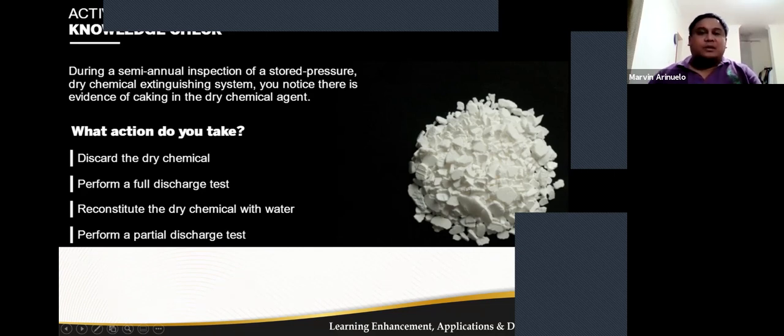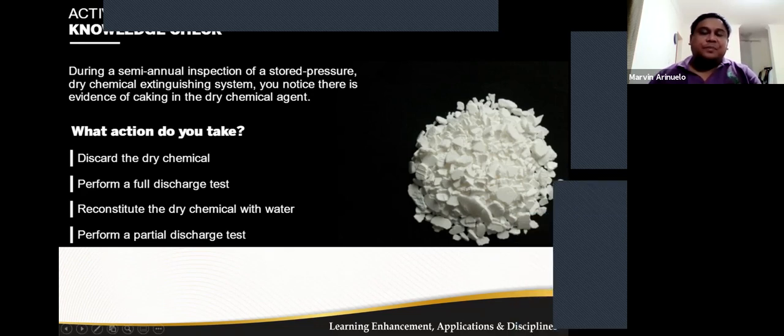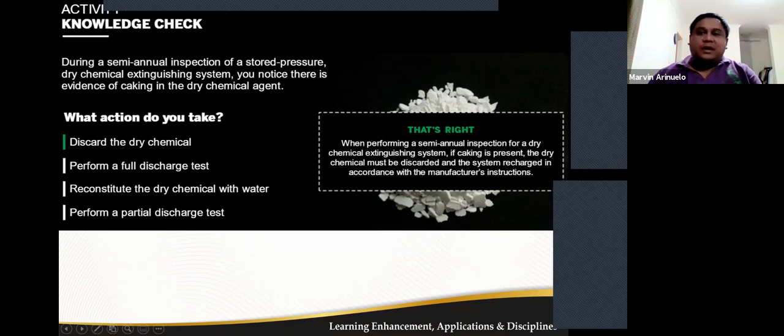Or it's actually almost reached its expiration period. So there's no other way but to discard and no longer use this kind of agent. So if caking is present, the dry chemical must be discarded and the system recharged according to manufacturer instruction.